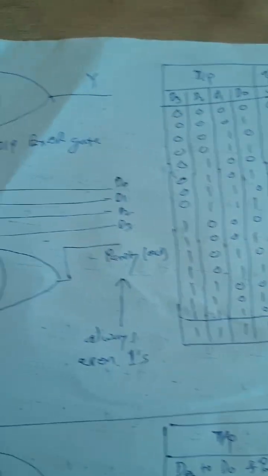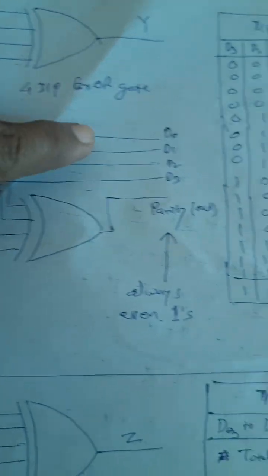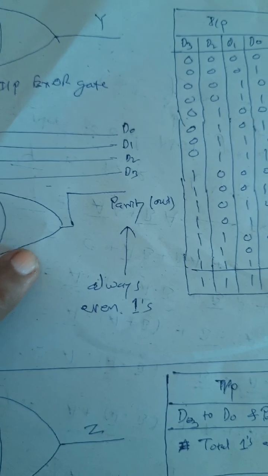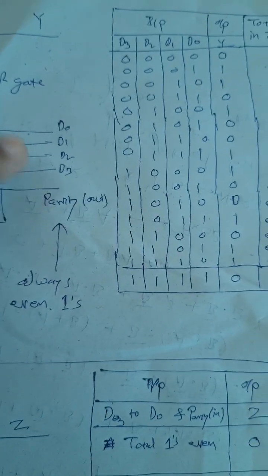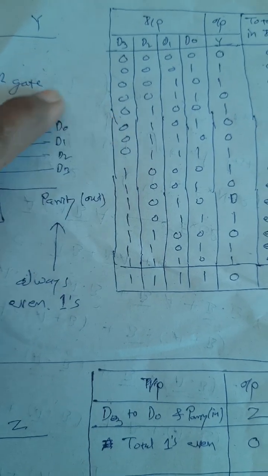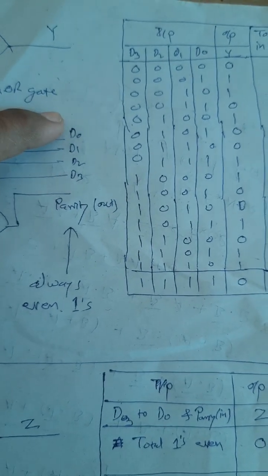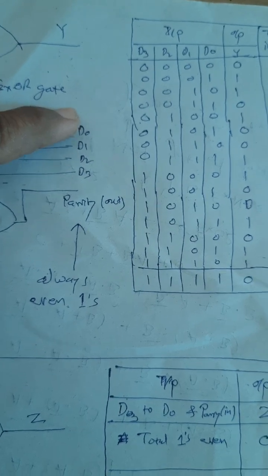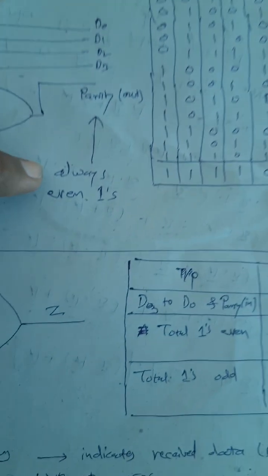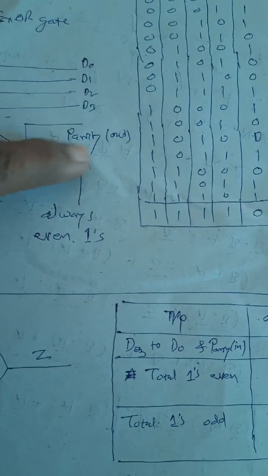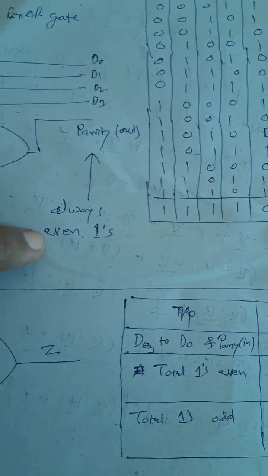And therefore, what the parity generator will do is transmit, along with the 4-bit data, the output of the XOR gate. Therefore, the transmission is of these 5 bits: D3, D2, D1, D0, these are the data bits, and the parity output. You will observe that in these 5 bits, the number of ones is always even, correct?